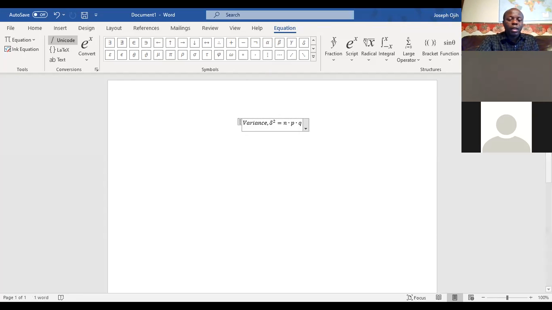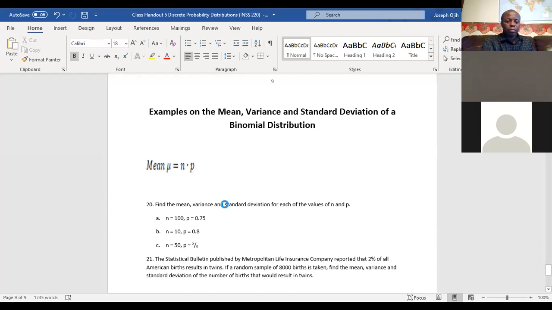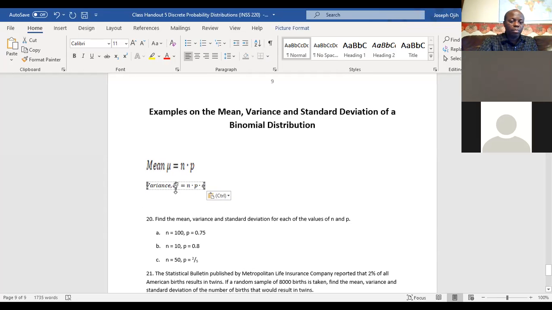That's the formula that I'm going to put here so you can see it. N times p times q, which I can make bigger.